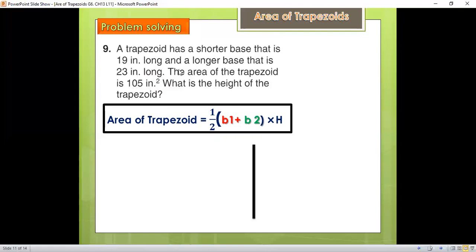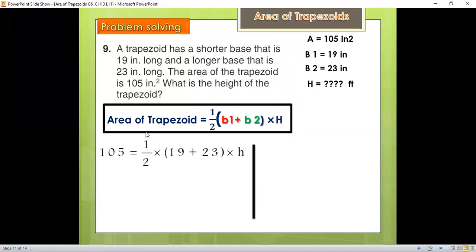We have the area equal 105 square inch, base 1 equal 19 inch, and base 2 equal 23 inch. But we need to get the value of height, so we apply these values in our formula.